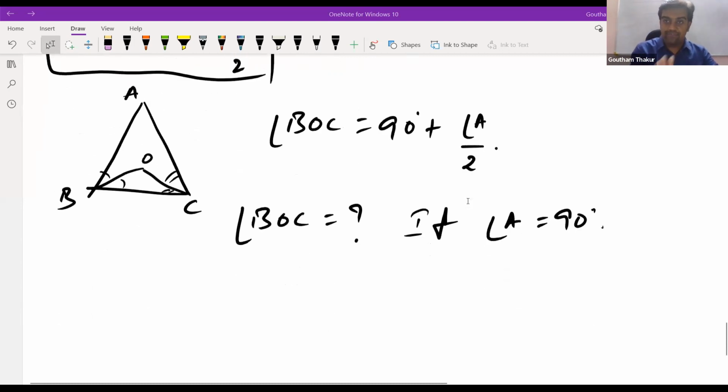Okay. And for your reference, this is the interior part. What if the angles are bisecting exteriorly in this way?